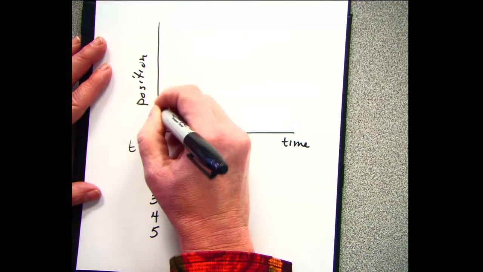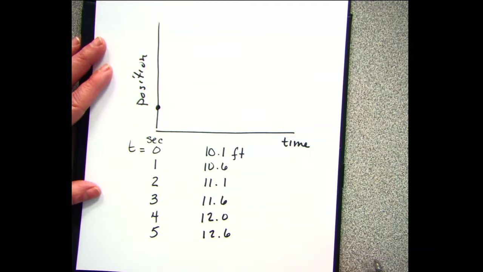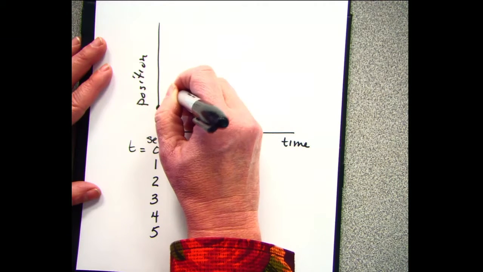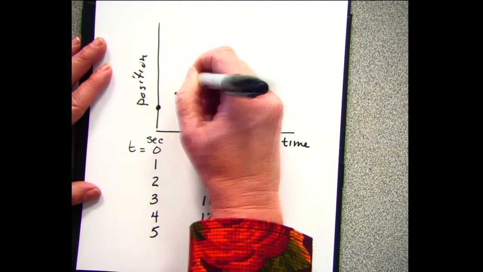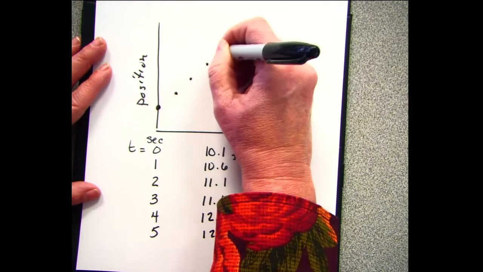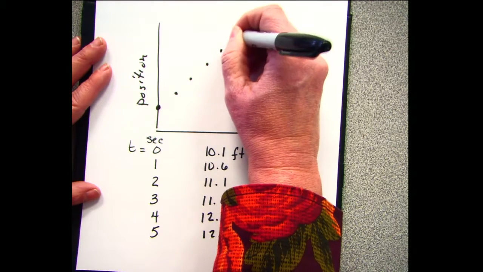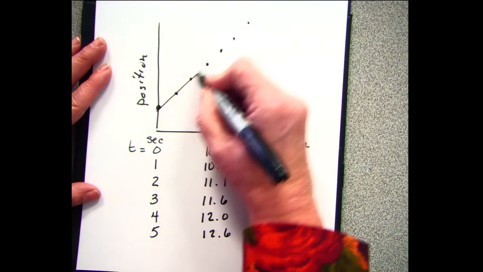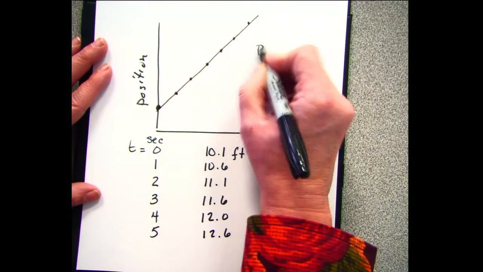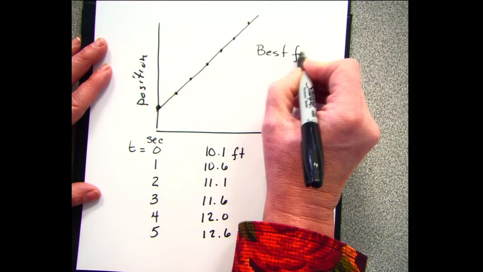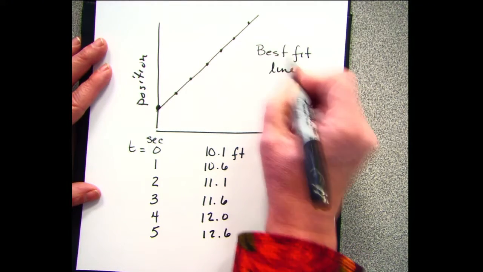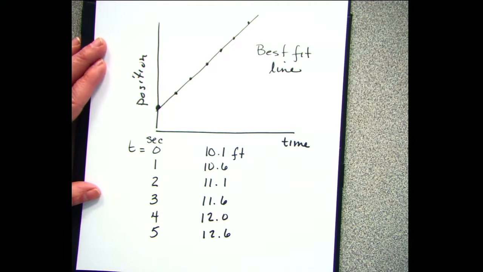I'm going to start somewhere right there. I'm going to go up, up, up, up. And I have one that's a little off, and then I go back up. I draw a best fit line. And I'm going to eyeball that best fit line.